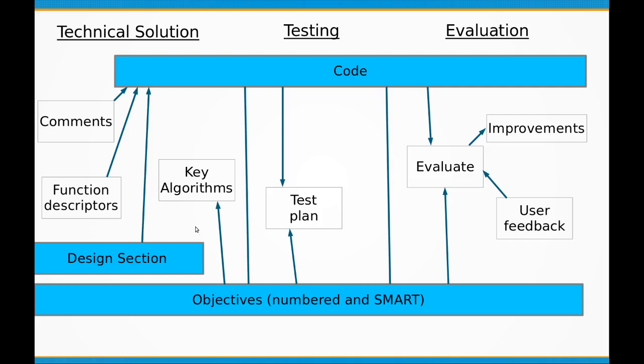Once you've made your program, the design section doesn't have so much of an impact in the next sections. Your code, obviously, we're going to be using that in the next things, and the objectives are still very important. So the testing section is essentially a test plan. You'll take your objectives and you'll make your test plan based on your objectives.